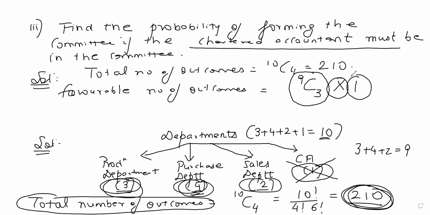Why do I select from 9 people? Because this one CA is already selected. From these 9 people, I need to select 3 people, and 1 CA makes it 4 people. Use your calculators and verify that 9C3 is 84.